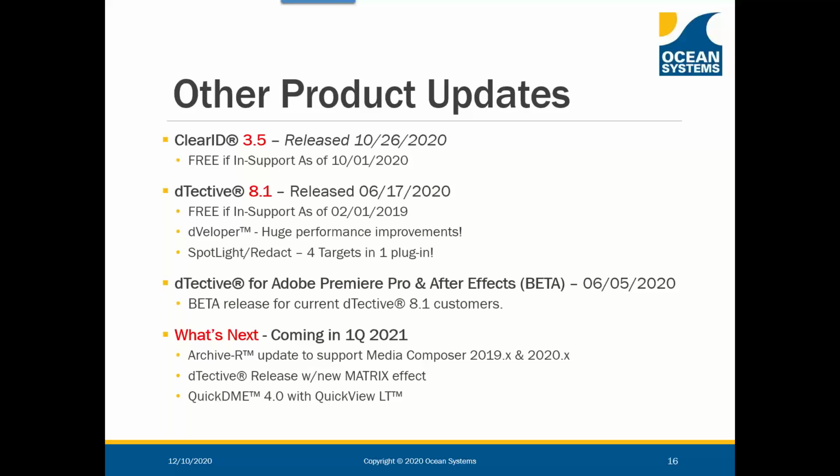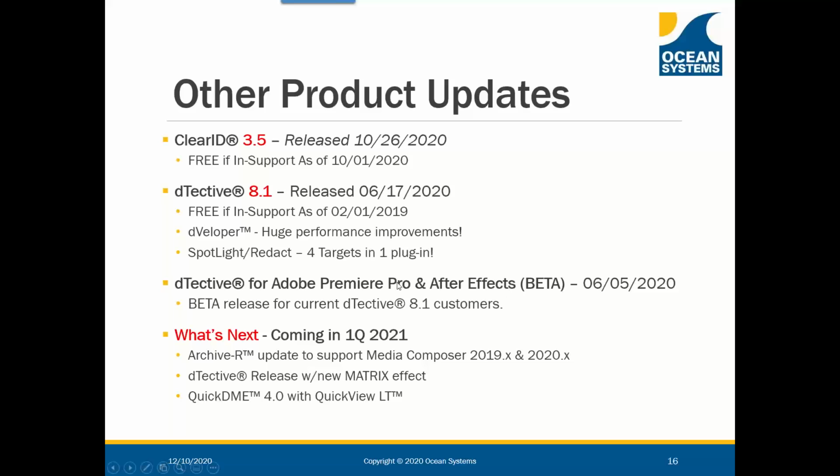If you hadn't updated to 8.1, huge performance improvements in Developer. So whether you're using Developer from an interrogative, I'm just going to link to something, throw Developer on it to see how frame averaging would look, takes you less than 30 seconds, don't have to go through multiple steps, a great investigative tool and with huge improvements in performance. Spotlight Redact, you probably know, now has 4 targets in one plugin.